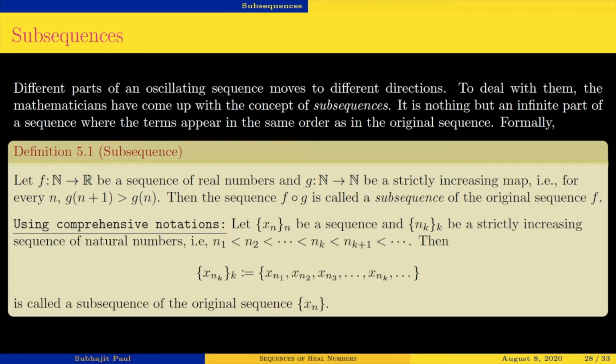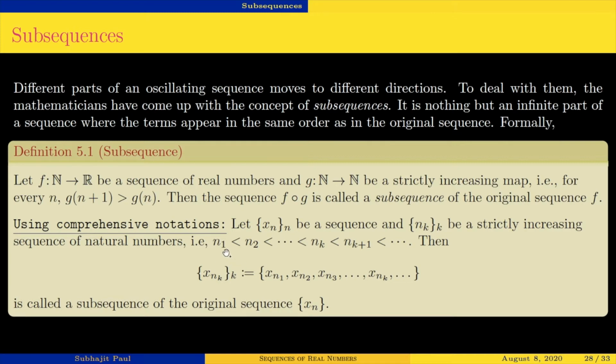Okay, now this is the formal definition. Now this version is using comprehensive notations. Let Xn be a sequence, the original sequence, and Nk be a strictly increasing sequence of natural numbers.